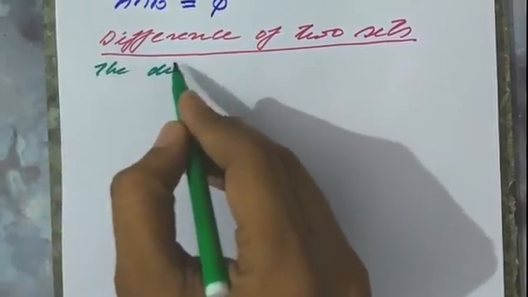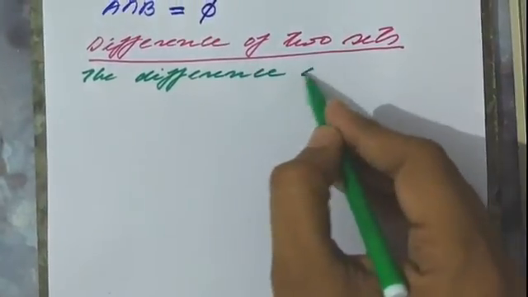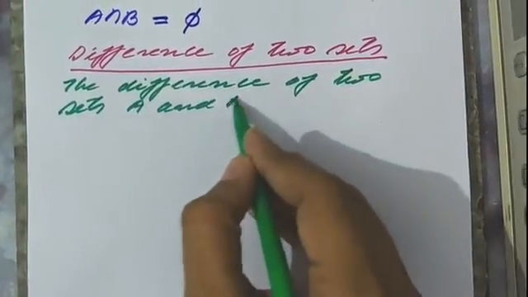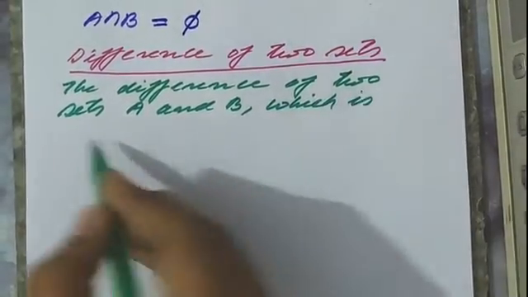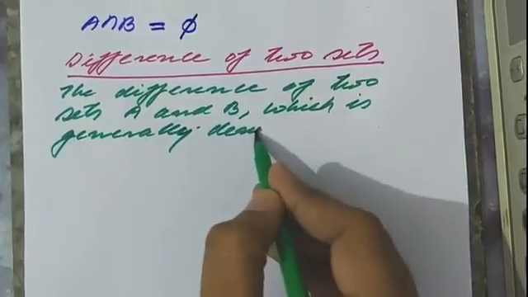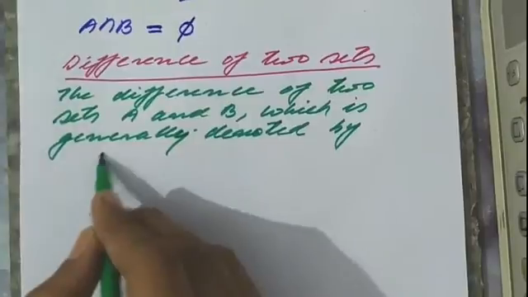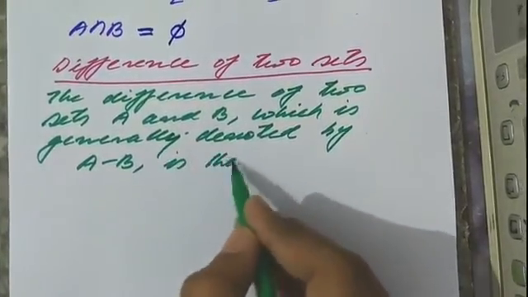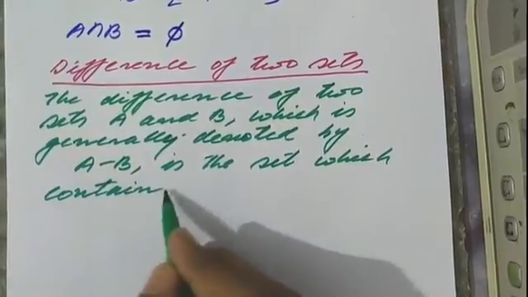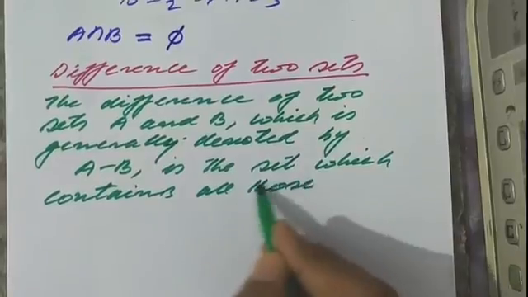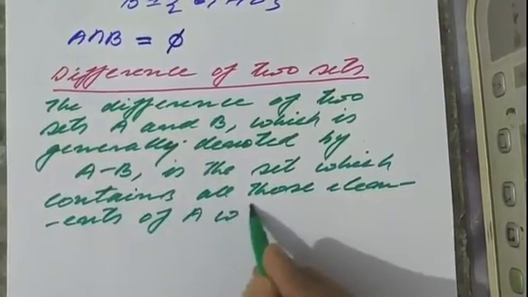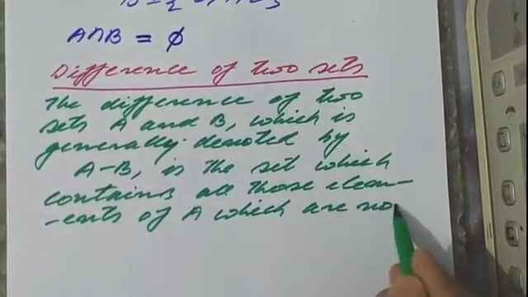The difference of two sets A and B, which is generally denoted by A minus B, is the set which contains all those elements of A which are not in B.